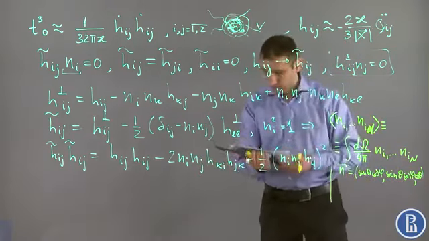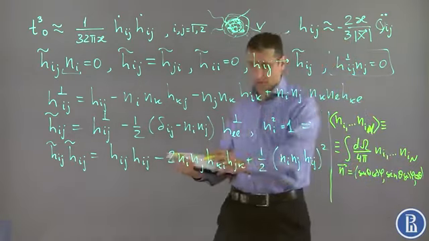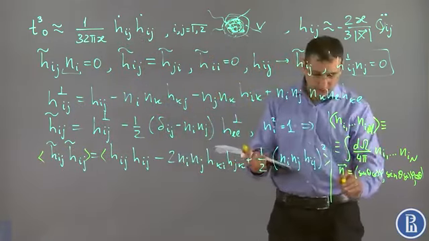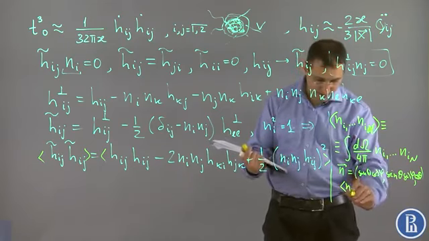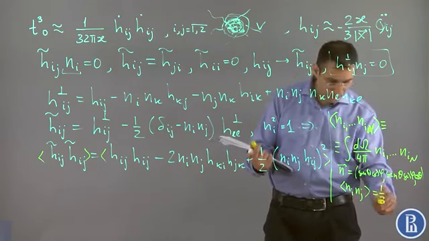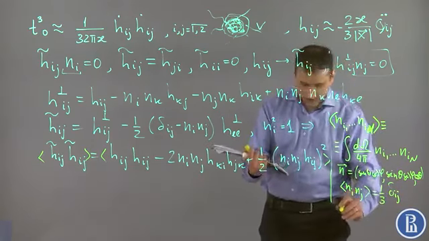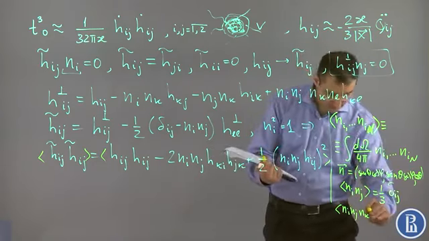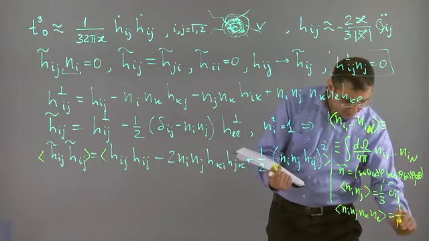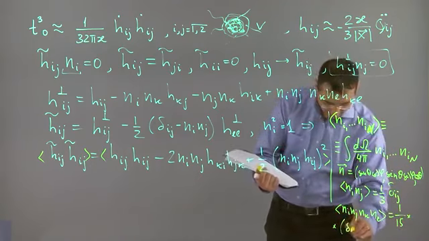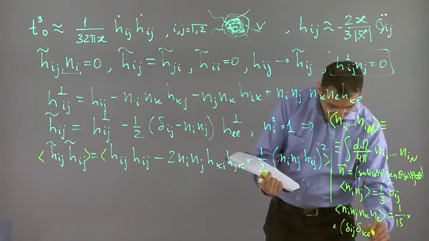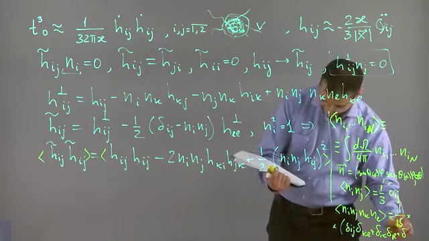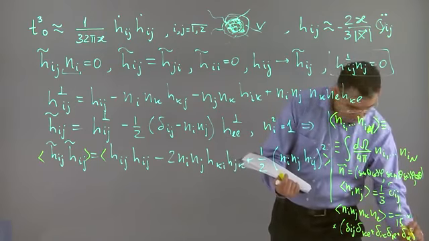This is a definition. The result of this calculation, to take the average over all directions of n, we have to bear in mind that the average of ni nj is just 1/3 of delta ij, and the average of ni nj nk nl is 1/15 times delta ij delta kl plus delta ik delta jl plus delta il delta jk.